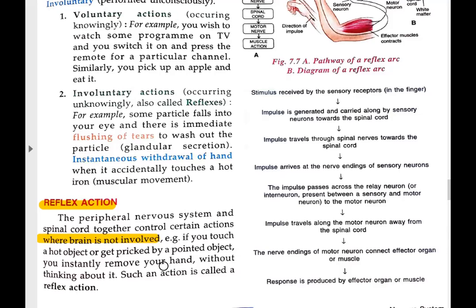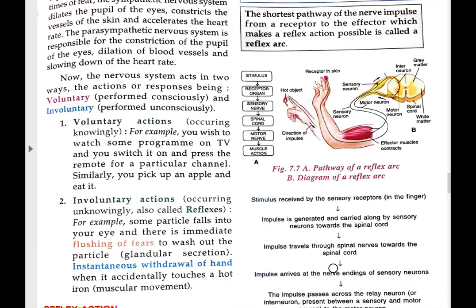That is a reflex action. Because you don't have time to think, should I remove it, should I keep it. So that is a reflex action, and that is taken care of especially by the spinal cord and peripheral nervous system. Is that clear?